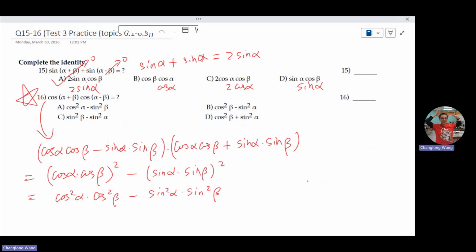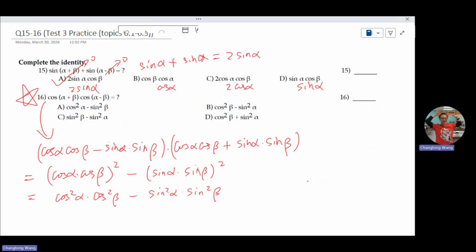So let's say I'm going to start with the letter A. Why would you go to D? There's no reason. Think about the difference between what you have so far and what they wanted to get at the end. Okay, I have cosine squared alpha. They do have cosine squared alpha, right? So I'm good with this guy. Leave it.